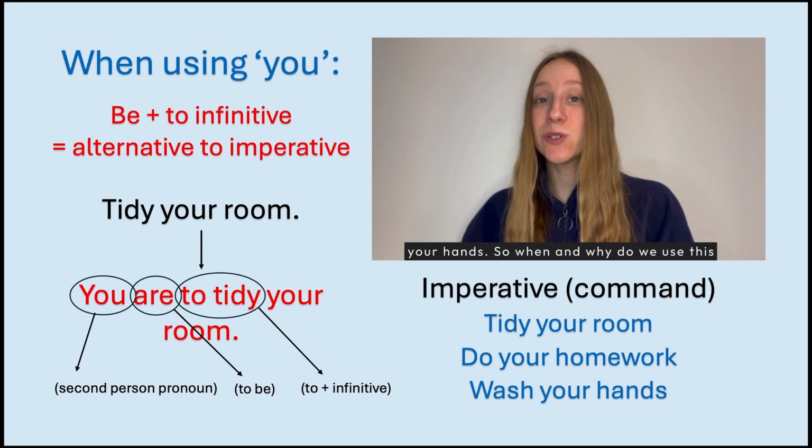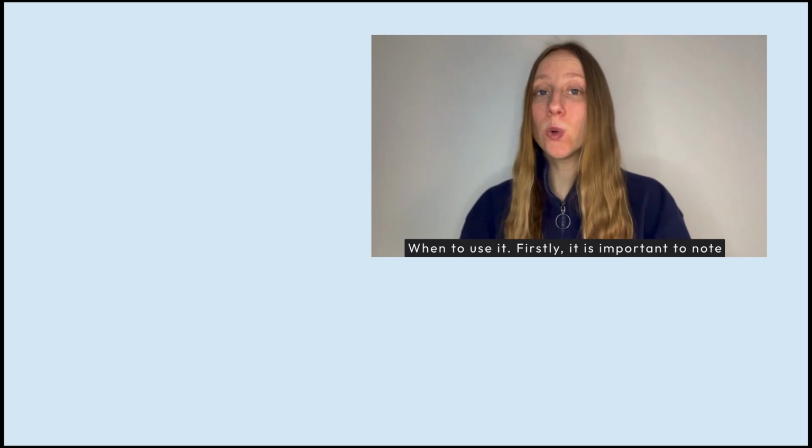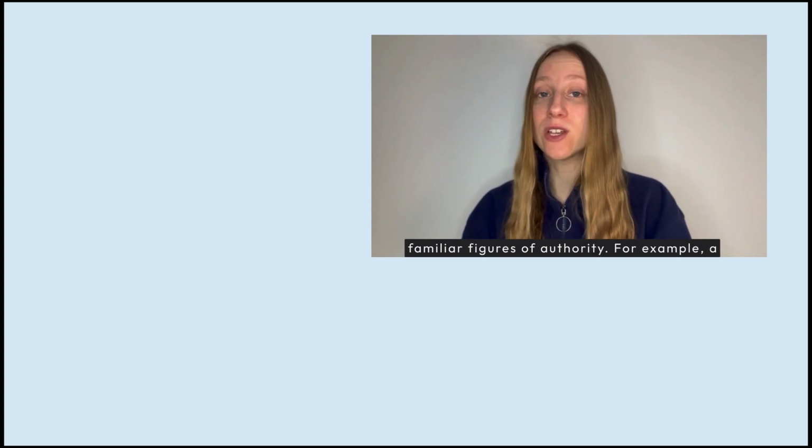So when and why do we use this structure instead of an imperative? When to use it? Firstly, it is important to note that this structure should only be used by familiar figures of authority.